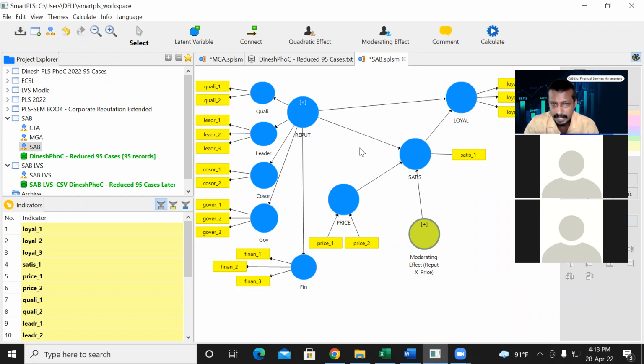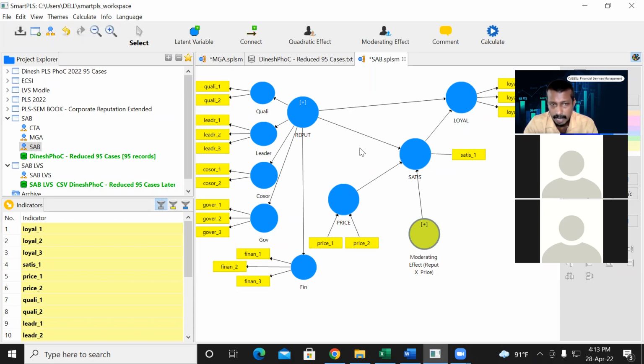Now in advanced PLS, sometimes you can see reflective, formative. Likewise, there are so many advances. But our simple model here is a reflective one. Why? Reputation is measured by quality, leadership, corporate social responsibility, and governance, which are reflective, right? You can see arrows are headed from the larger construct to the sub dimensions, right?